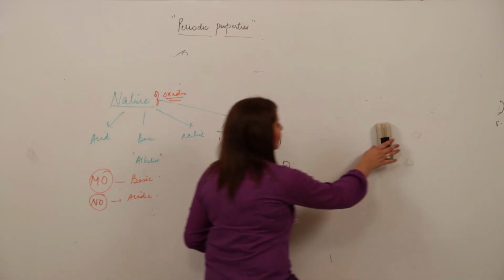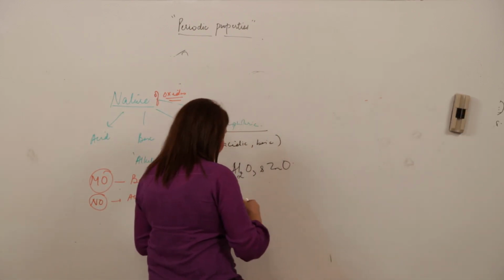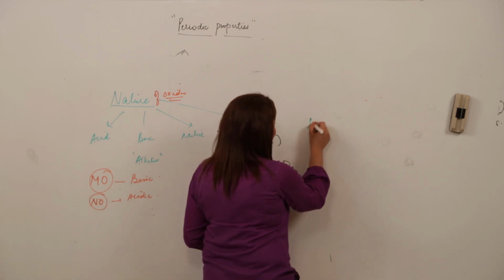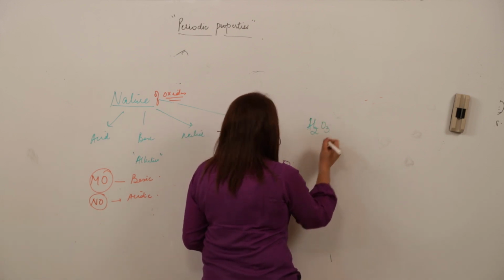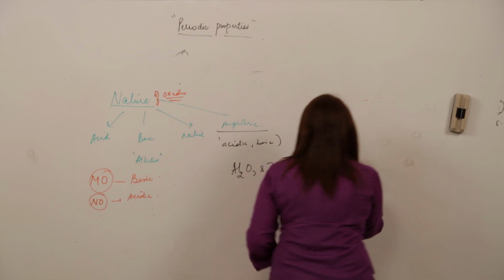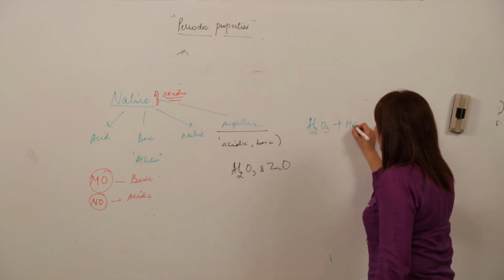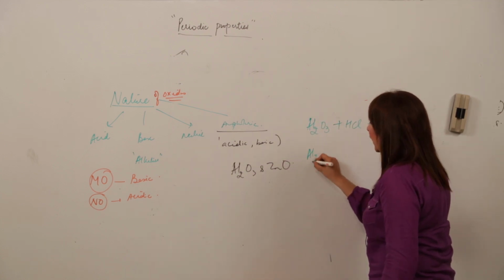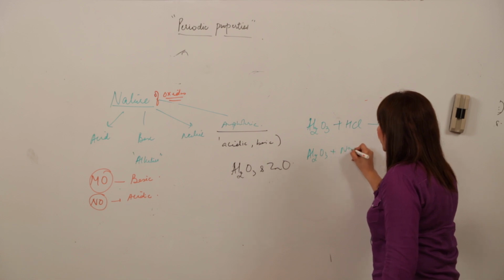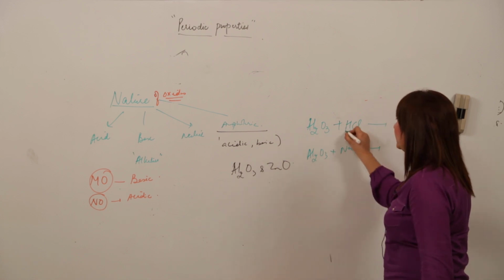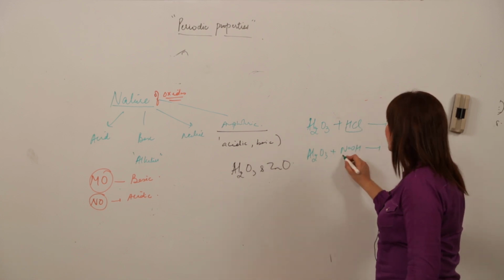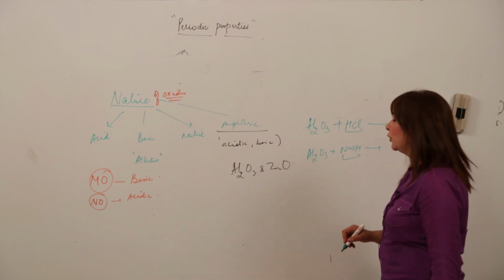Just to simplify it, I am giving an example. It's not in your syllabus, but just to make you know how it reacts. Suppose I take the example of Al2O3 and react it with an acid and also with a base. It can react with both: a strong acid, hydrochloric acid, and a strong base, sodium hydroxide.